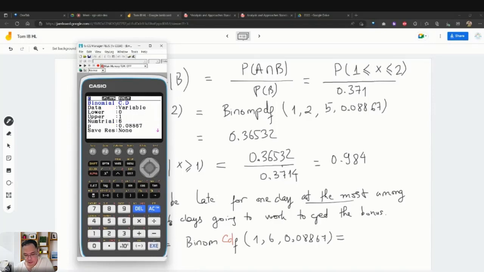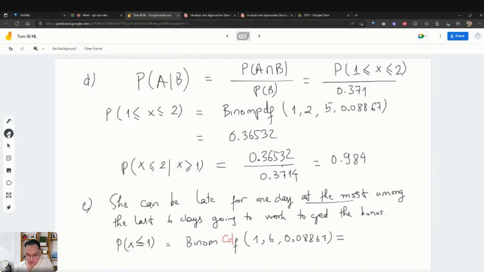You need to enter those things: number 6 and the probability. The order is correct. I need to enter the lower boundary also, in front of the number 1. From 0 to 1, and 6 trials.